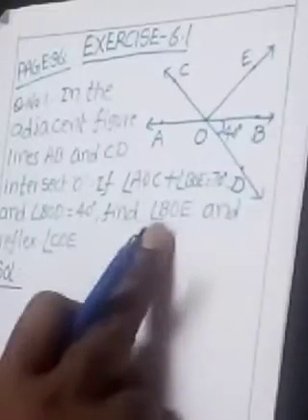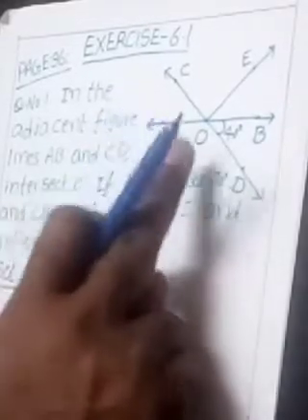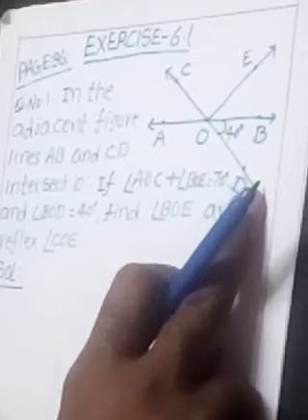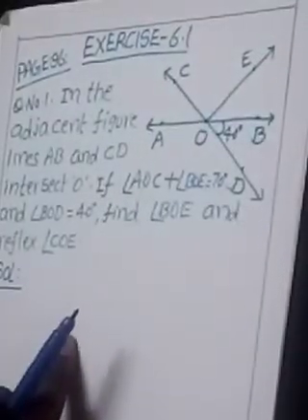In this figure, it is given that angle BOD is equal to 40 degrees. Here, the lines AB and CD are intersecting. So angle BOD and angle AOC are said to be vertically opposite angles. Isn't it, my dear children?